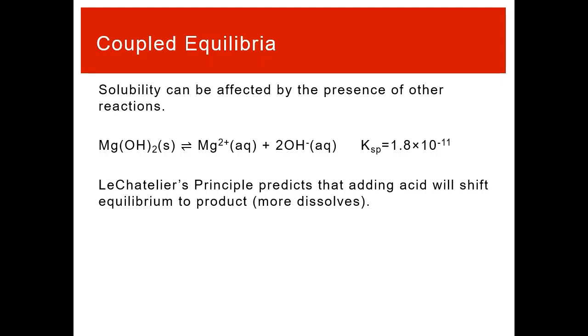So Le Chatelier's principle says that if we add an acid, the acid would react with my hydroxide, decreasing the concentration of a product. If we decrease the concentration of a product, the equilibrium will shift to replace it, meaning more will dissolve. So we could functionally increase the amount of magnesium hydroxide that dissolves by adding an acid.